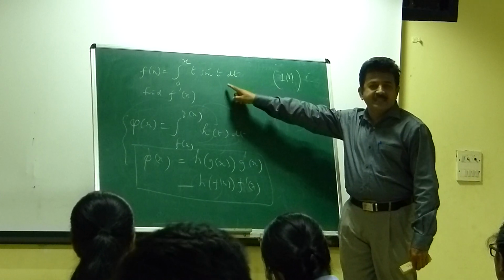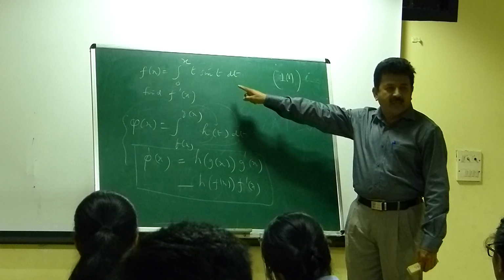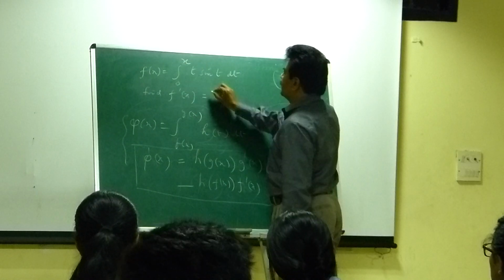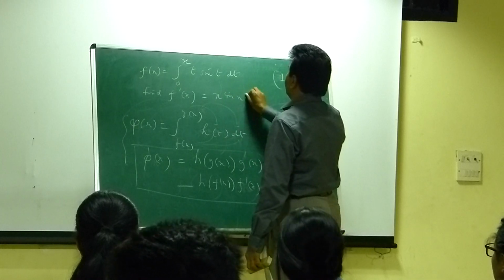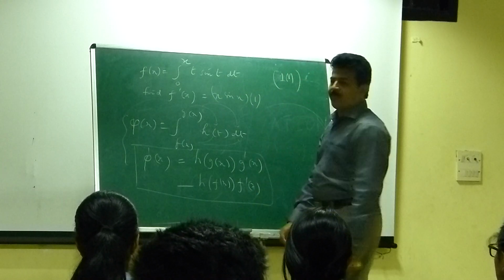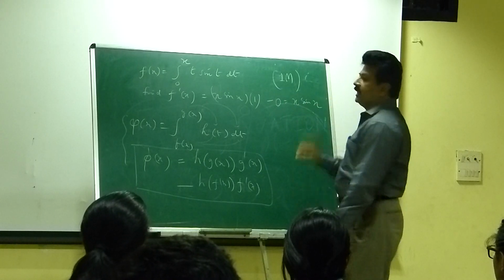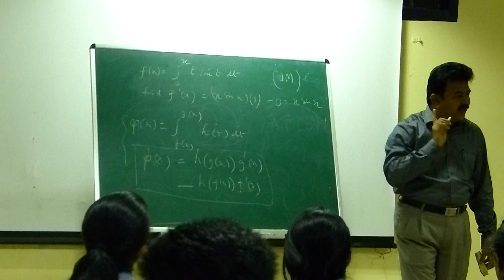So now we will be able to answer this quickly. The upper limit you substitute: it is x times sin x, times the derivative of x, and the lower limit is 0. The answer is simply x sin x. Yeah, this is now the one mark variety only.